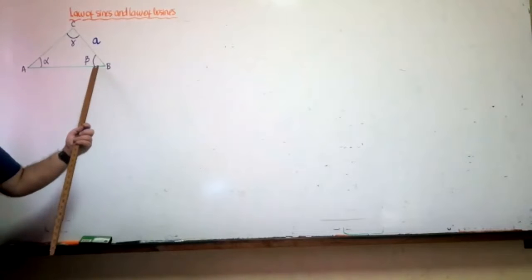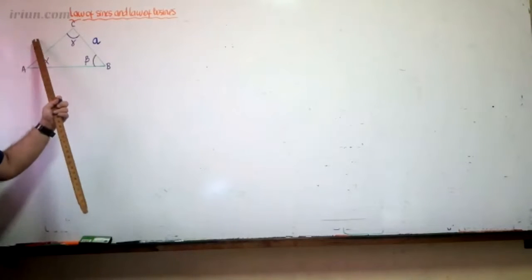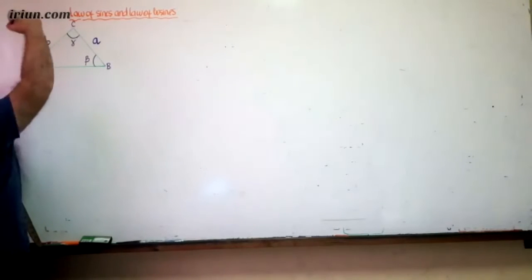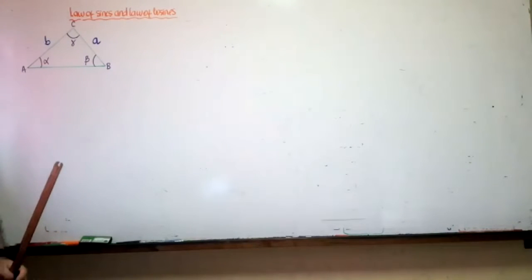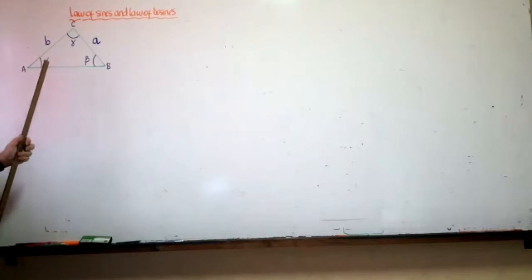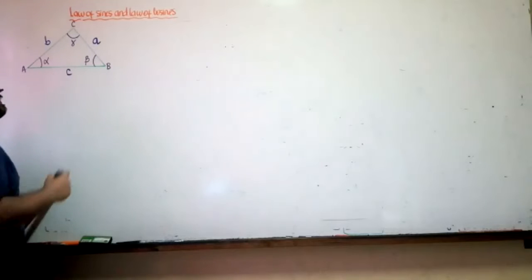The letter b, because we have vertex B over here, side b will be located on the left side. This is another way of saying the law of the mirrors, because it's the opposite. For that reason, the third side will be located just in front of vertex C. All right.